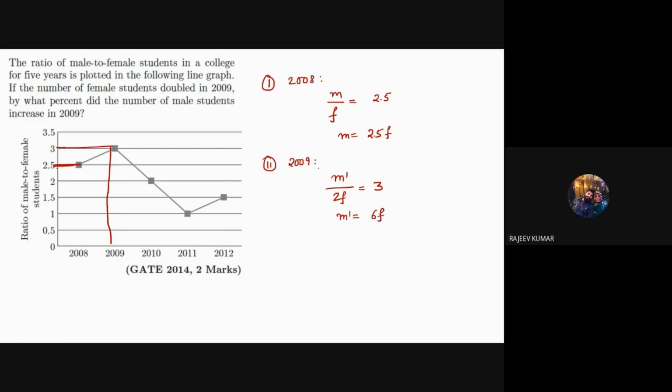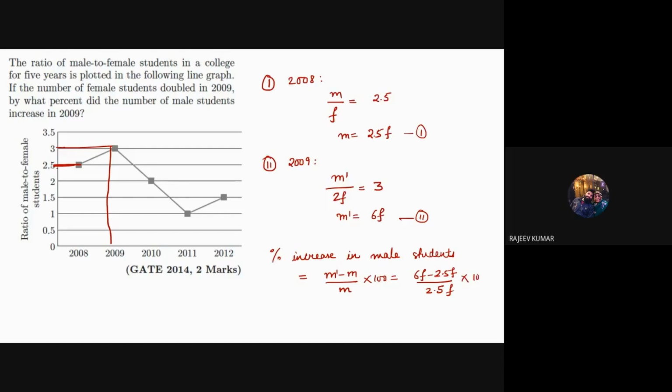बस मेरे पास हर चीज आ गई. I have the reference. This is your first equation. This becomes your second equation. You have to find out the increase. Therefore, percentage increase in male students will be equal to (m dash minus m) upon m into 100. If you see the equation, 6f minus 2.5f upon 2.5f. अब यहाँ पर जो f जो टर्म है ना वो हो जाएगा कैंसिल.